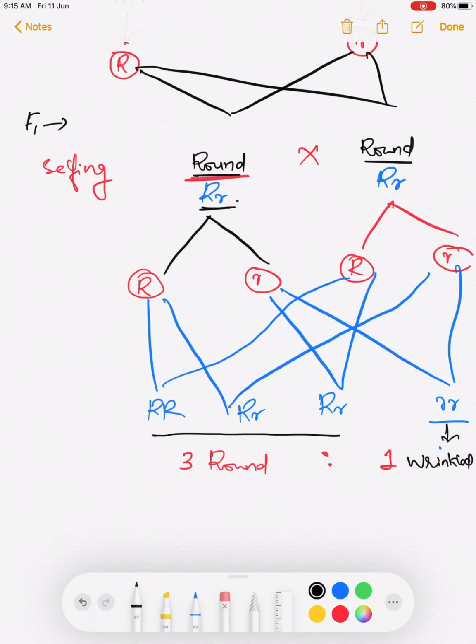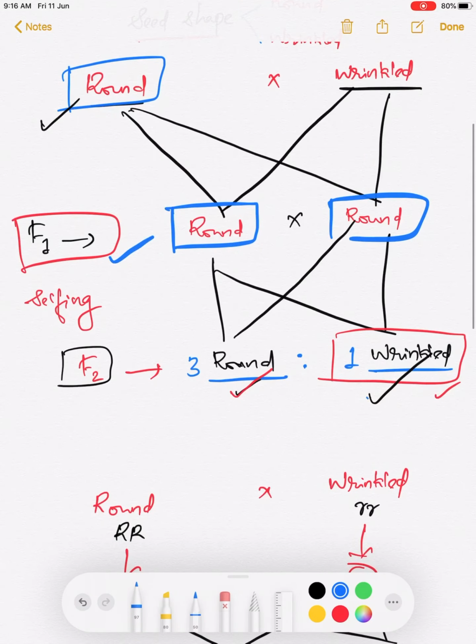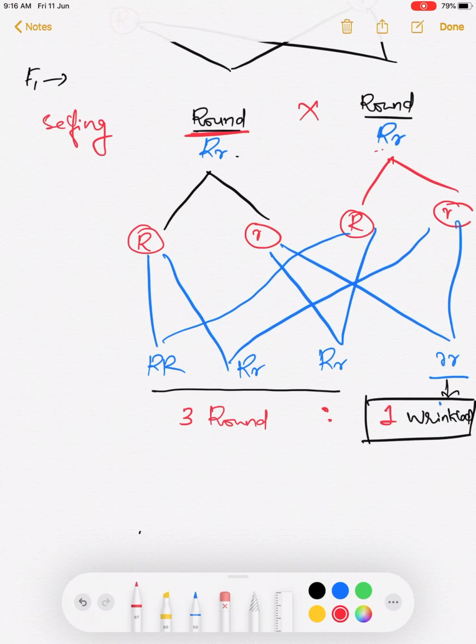Now we can easily explain the question that we asked in the previous portion. Though there are no wrinkled seeded plants in the F1 generation, Mendel observed wrinkled seeded plants in the F2 generation. What is the reason? During gametogenesis, this capital R and small r separate or segregate and enter into different gametes.